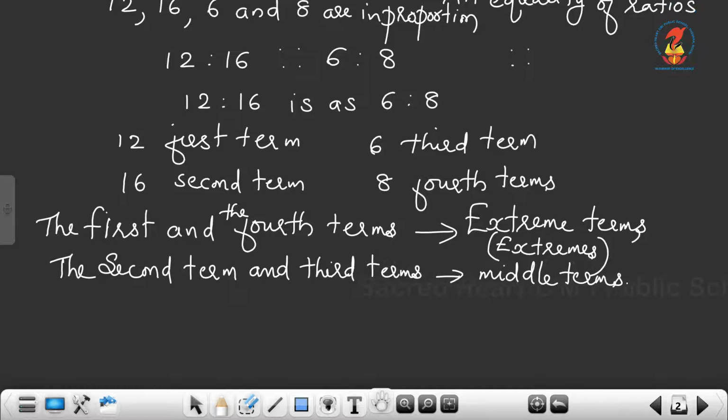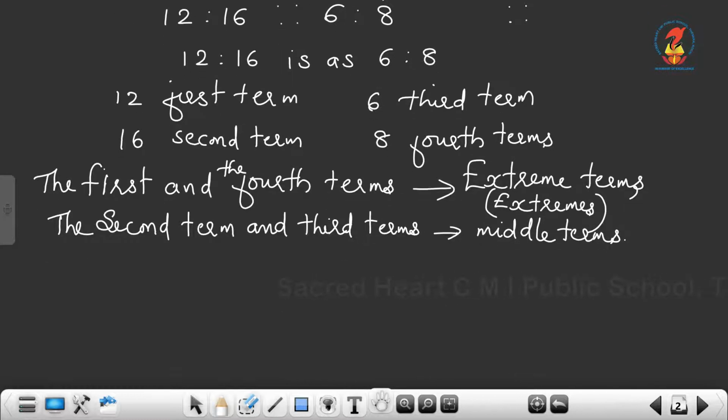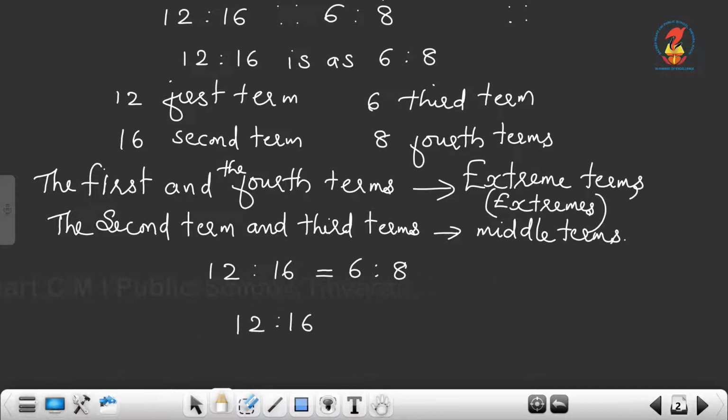Now look at the ratio. 12 is to 16, which is equal to 6 is to 8. So we can say that 12 is to 16 is as, that means proportional to, 6 is to 8. Then 12 is the first term and 8 is the fourth term.